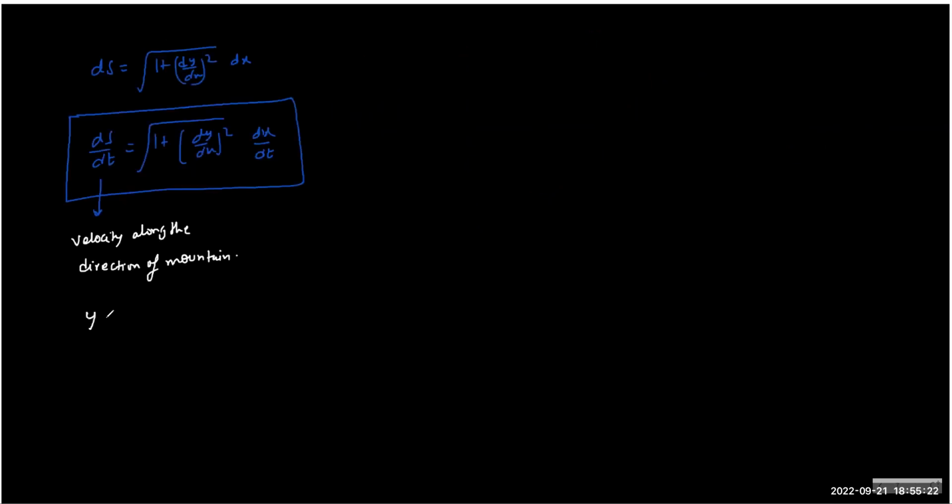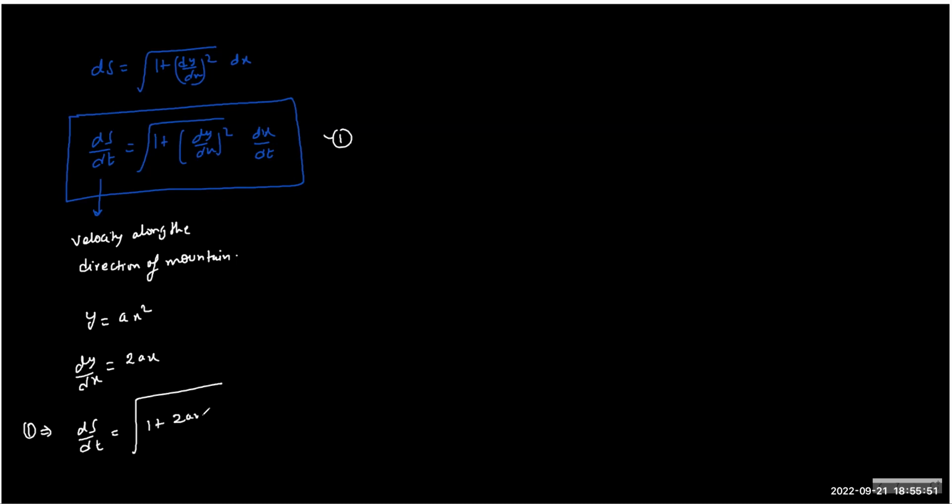And because the y graph was given to you, and if a graph is given, it means you can differentiate. So dy by dx is how much? Tell me, guys. dy by dx is how much? 2ax. 2ax. So can we substitute there? So ds by dt is how much?